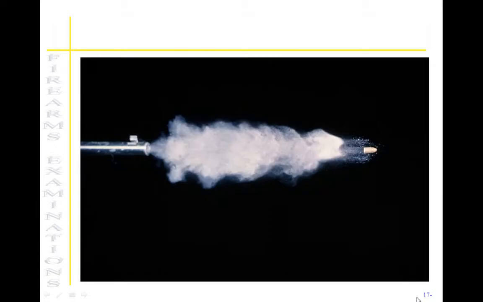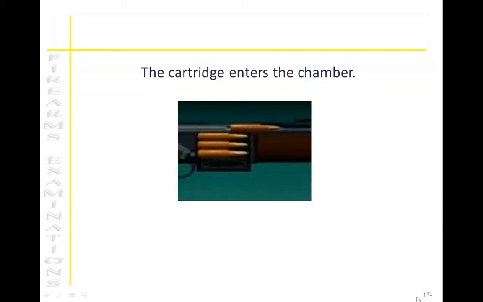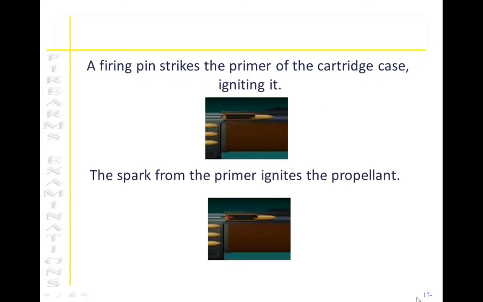If we think of the specific actions that occur as a weapon is fired, initially the cartridge is going to enter the chamber. A firing pin strikes the primer of the cartridge case, igniting it.